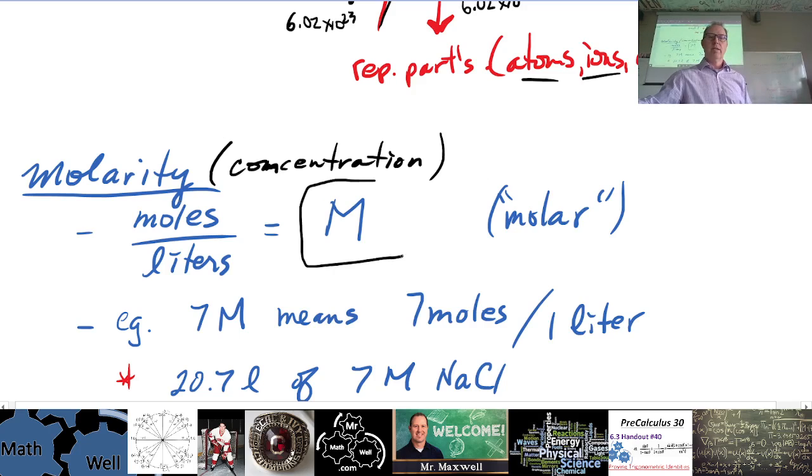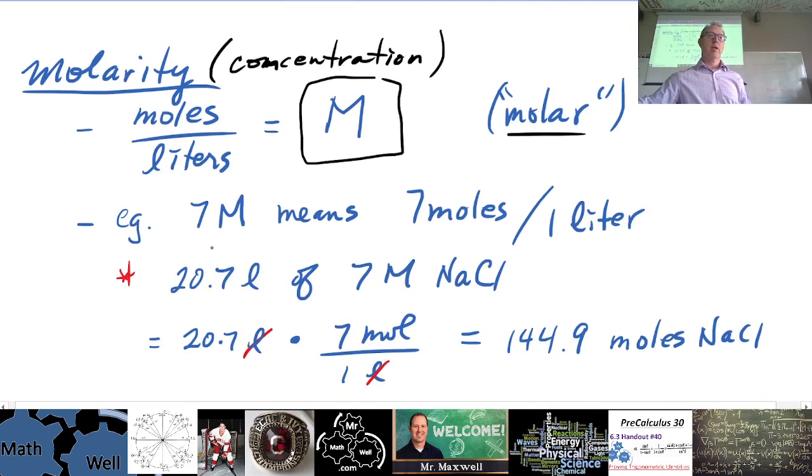The symbol is capital M, and you say it as molar. So 7 capital M is 7 molar, which means 7 moles per liter of whatever substance you have. If we had 20.7 liters of 7 moles per liter NaCl, we would have 7 times 20.7 moles.